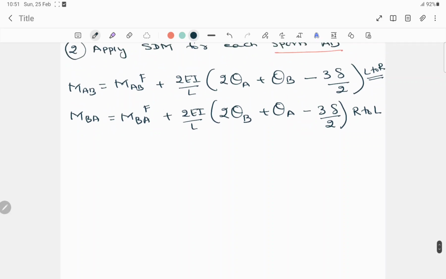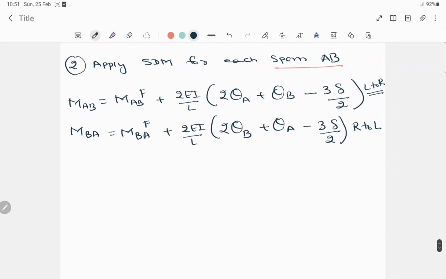Okay, so these are the two formulas which we have to calculate for each span.